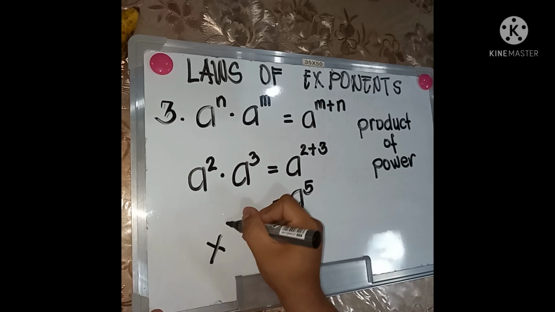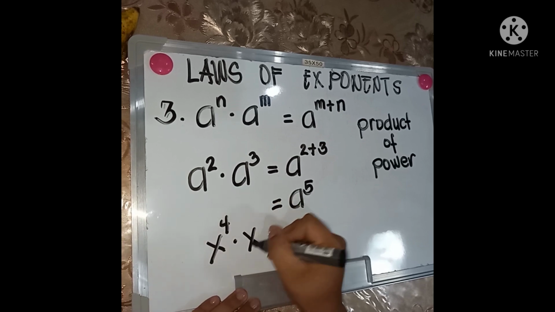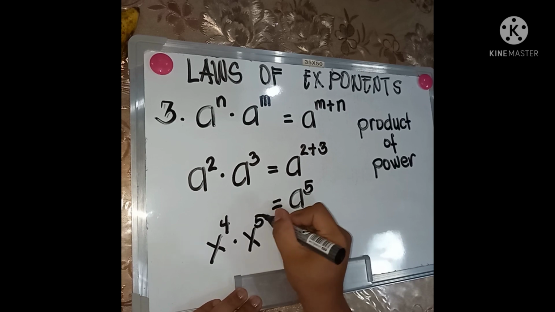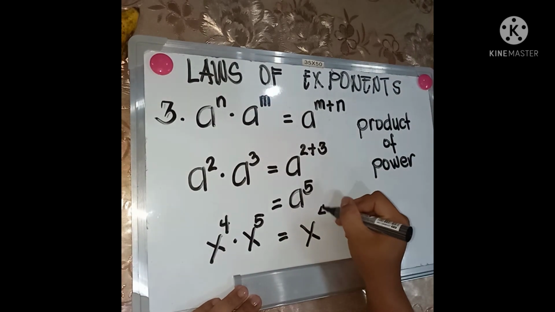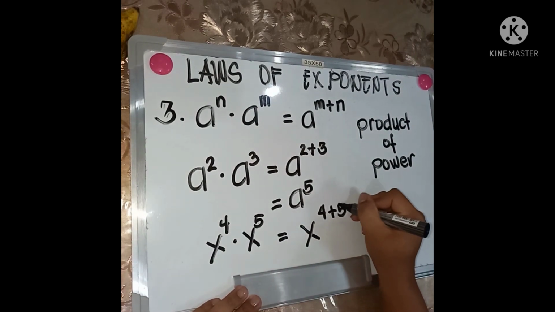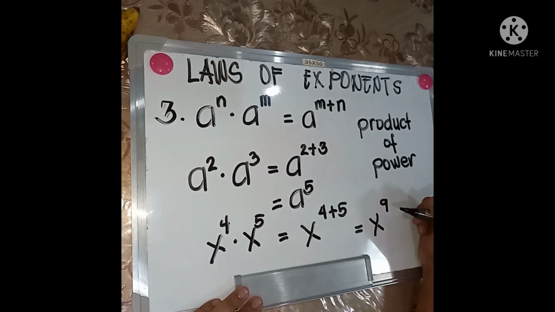Another example, x to the power of 4 times x to the power of 5. Following the law on the product of powers, you have to add, so you will get x to the power of 9.